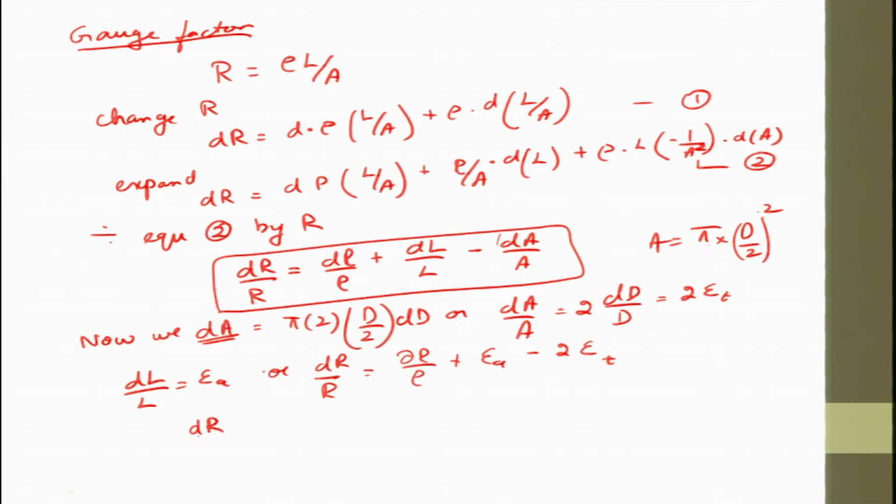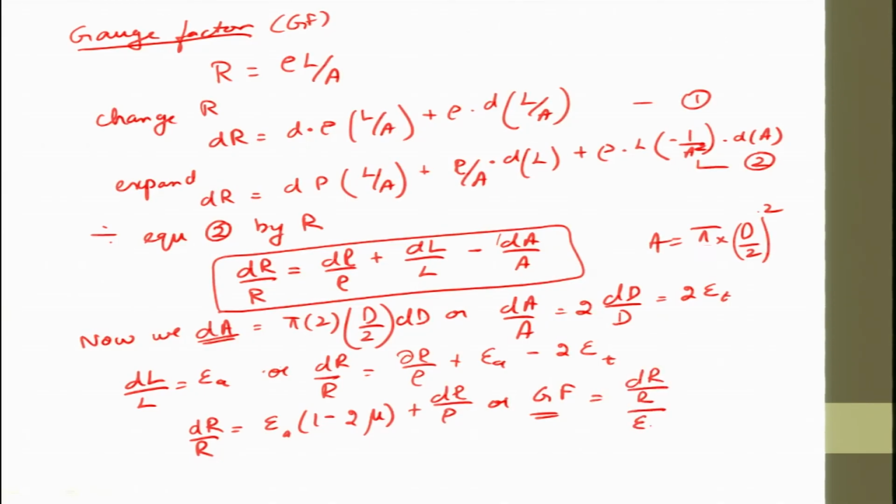So, dR by R equal to dL by L times (1 plus 2 times mu) plus d rho by rho, or this can be defined as gauge factor GF, which is dR by R by dL by L, which is nothing but 1 plus 2 Poisson's ratio plus 1 by epsilon into d rho by rho, and this term is almost close to 0.